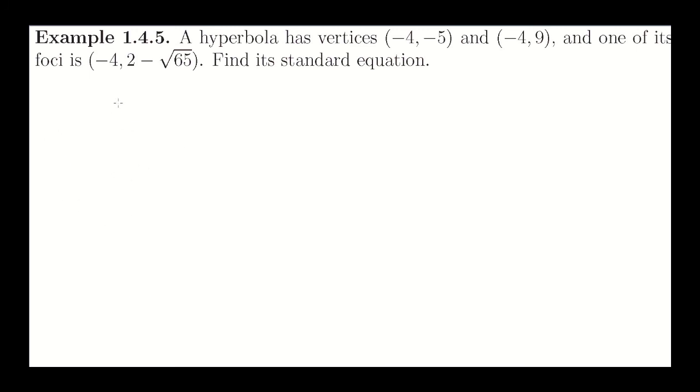To get the hyperbola, we just need to plot it first. So to plot it, we have negative 4. So what is negative 4? 1, 2, 3, 4. So we have here negative 4. Then negative 5 over here, and the other one is positive 9.